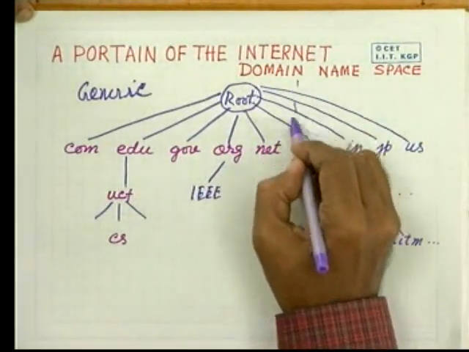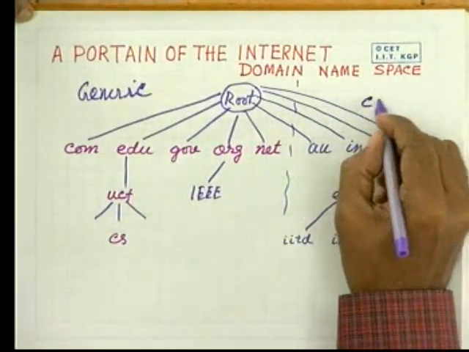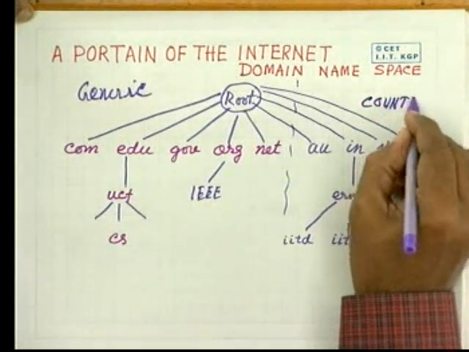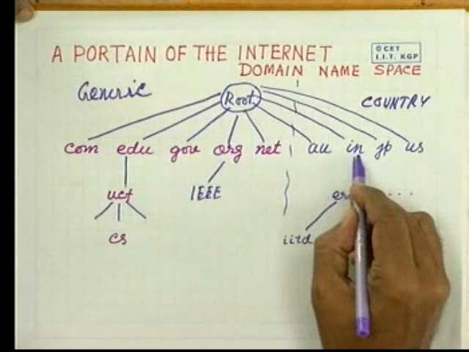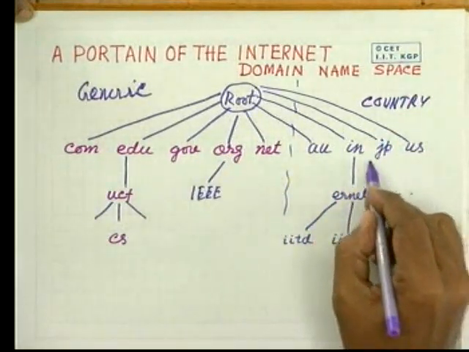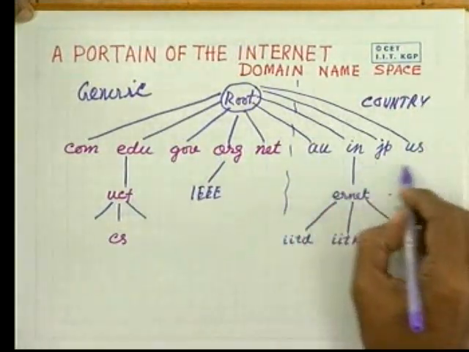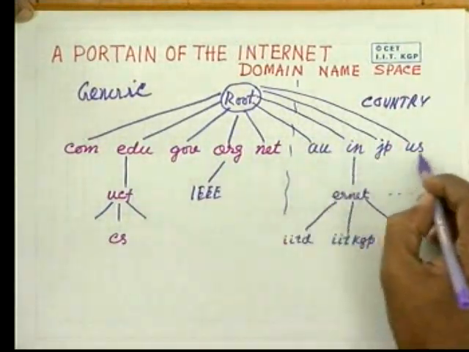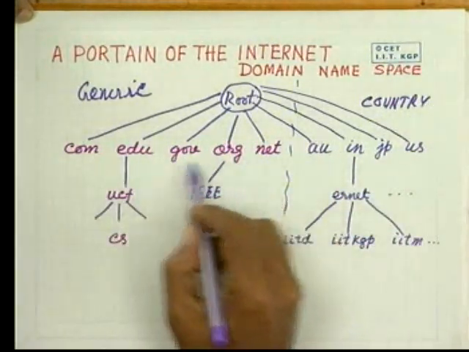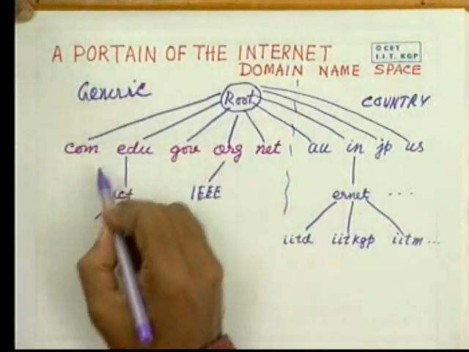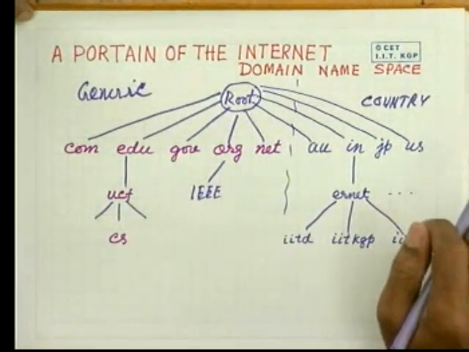On the other hand, there is another kind of domain which is based on country. Here, AU stands for Australia, IN stands for India, JP stands for Japan, US stands for US. These are the various domains under the country domain. And here you have different generic names based on the use or application of the different organizations.